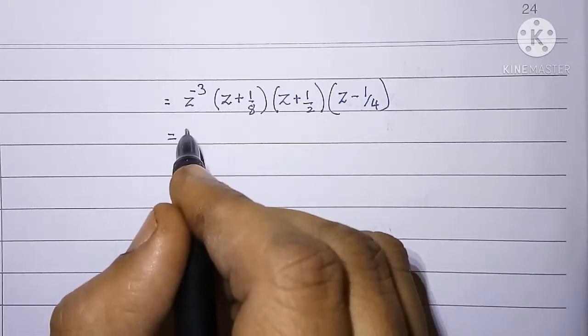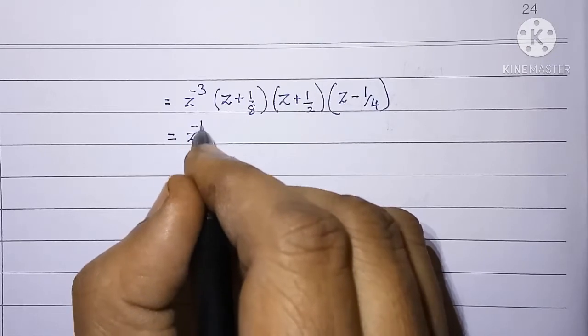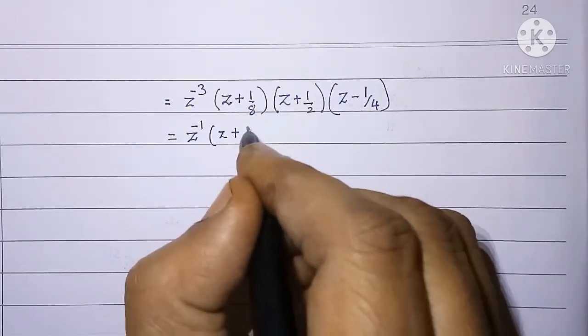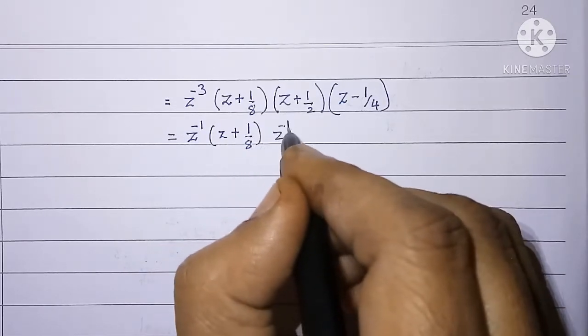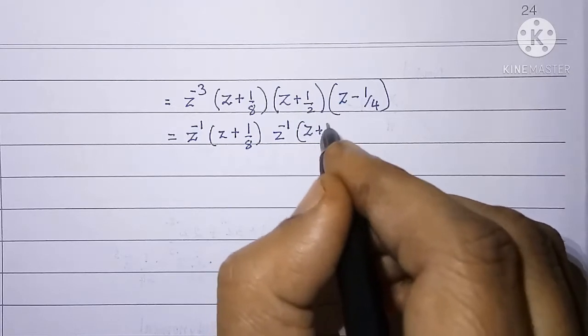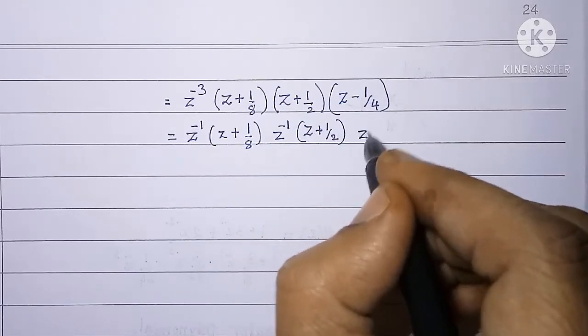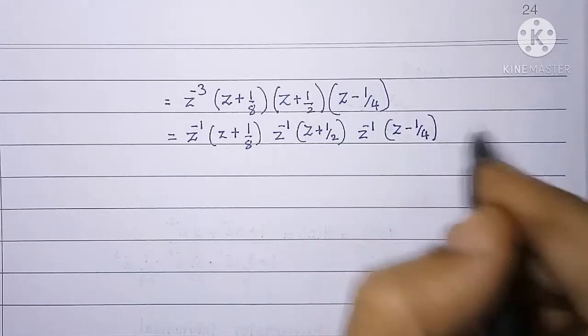Now once again I will split this z raised to minus 3 and rewrite z raised to minus 1 into z plus 1 by 8 into z raised to minus 1 into z plus half into z raised to minus 1 into z minus 1 by 4.